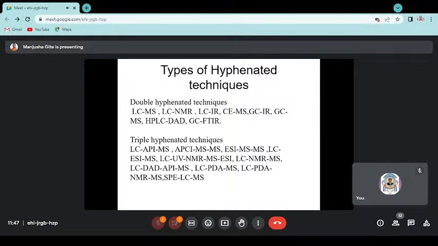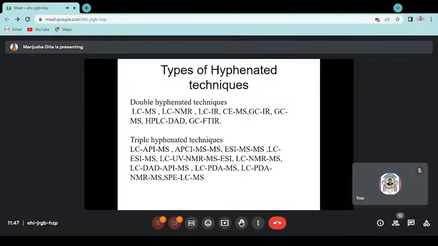LC-NMR. LC-MS means liquid chromatography, mainly HPLC, coupled with mass spectroscopy. Then LC-NMR, in which HPLC is coupled with NMR. Then LC-IR, so HPLC coupled with IR spectroscopy.